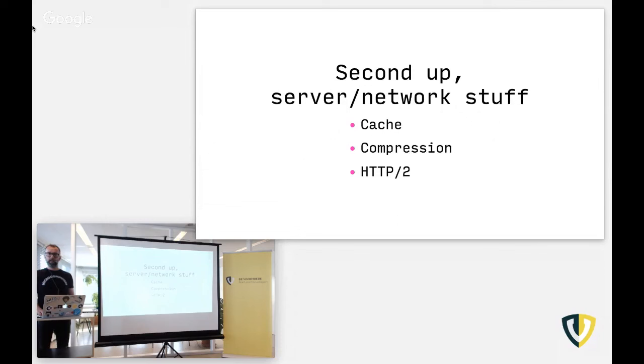HTTP2 is a way to bundle network requests and keep connections open and get a more efficient connection with the server. I'm probably explaining that a bit simplistically, but I am a front-end developer, so it's a black box. It reduces the requests, and latency is as much of a problem as big files.